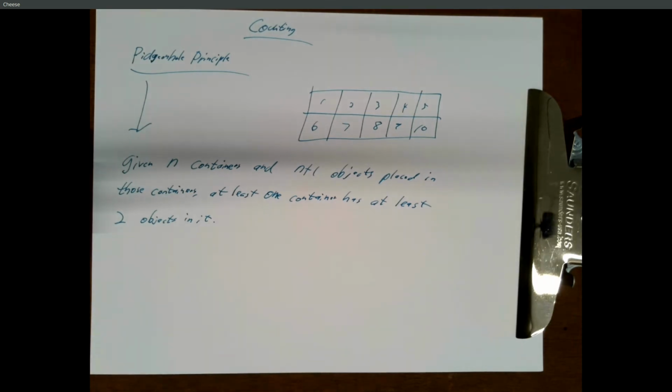So n containers, n plus 1 objects placed in those containers, at least one container has 2 or more objects in it.